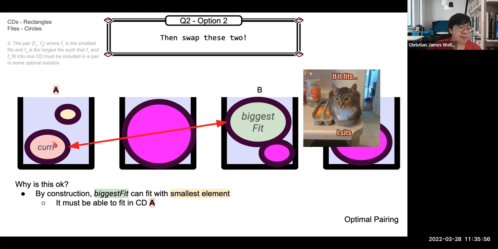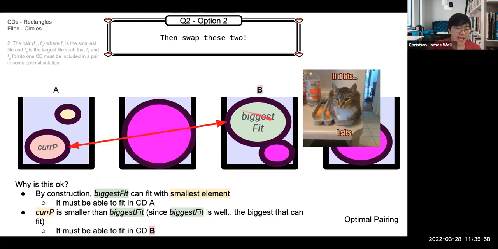The current pair can fit into B simply because it is smaller than the biggest fit, because the biggest fit is the biggest that can fit. That is weird to say, but pictorially, I hope it's clear that the current pairing is equal or less in size compared to the biggest fit. Therefore, it must be able to fit in B as well.